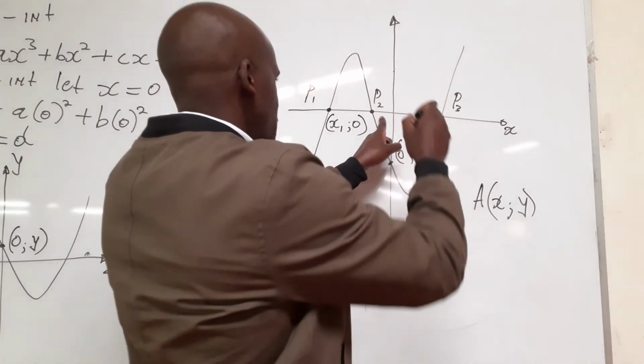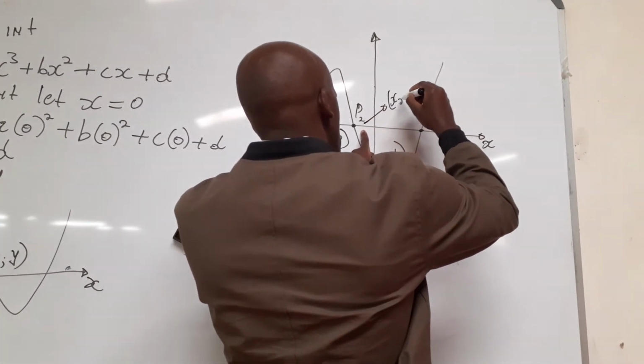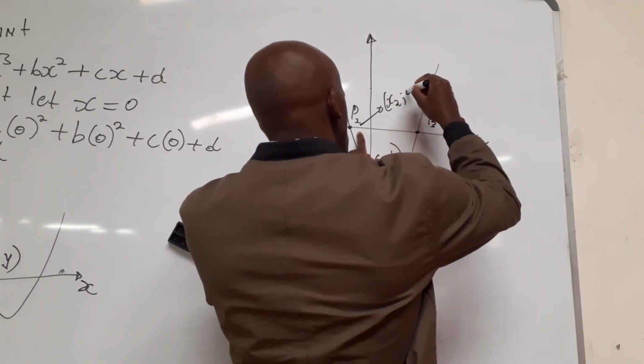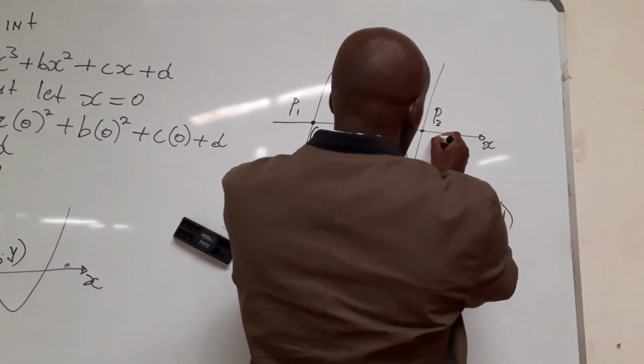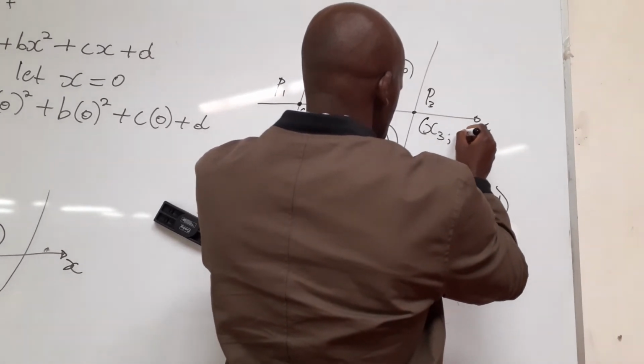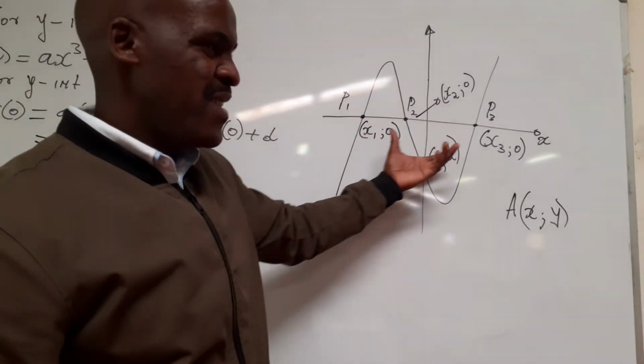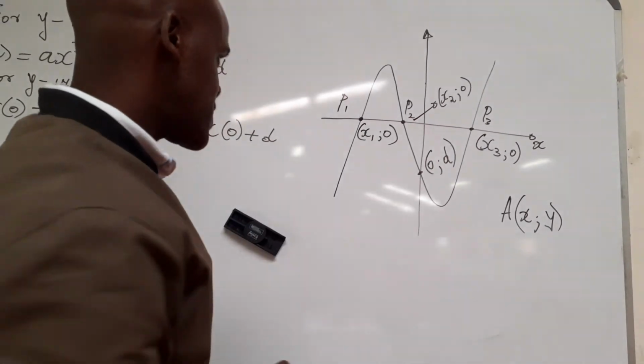Again there, we are going to have x2 is 2, 0. There again, we are going to have x3 is 2, 0. So we are having 3 values of x.